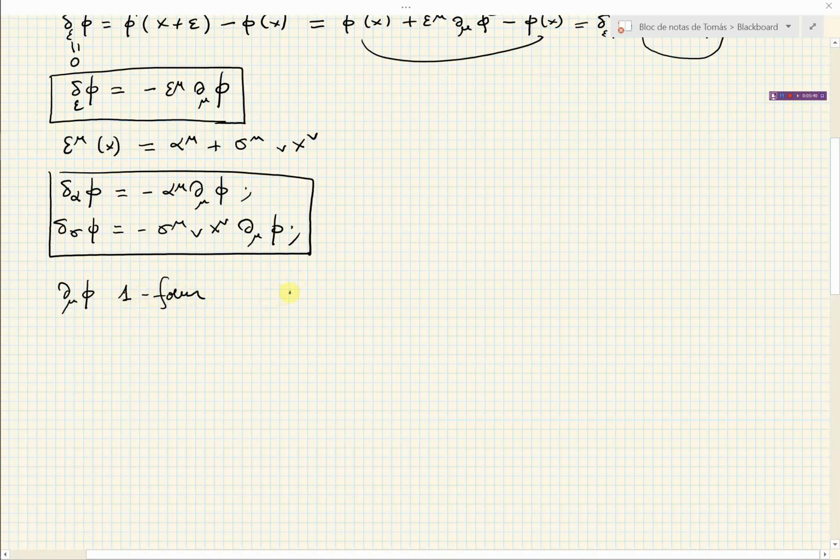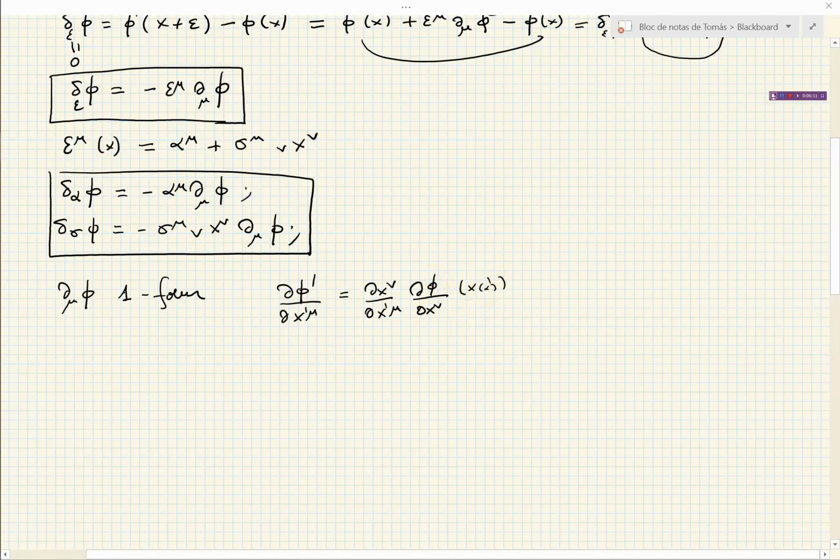If we have in the prime coordinate system φ' and the derivative is with respect to x'^μ, then this will be ∂x^ν/∂x'^μ times ∂_ν φ, where now in φ we have to replace x by x(x').